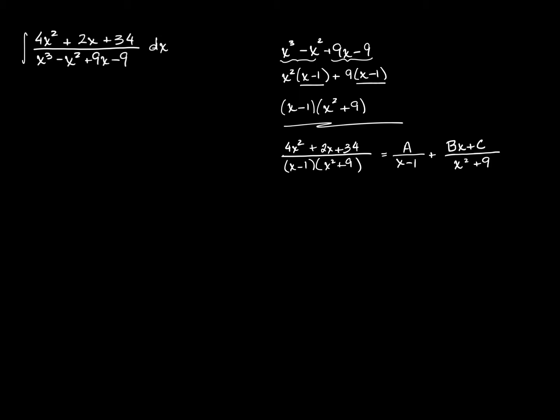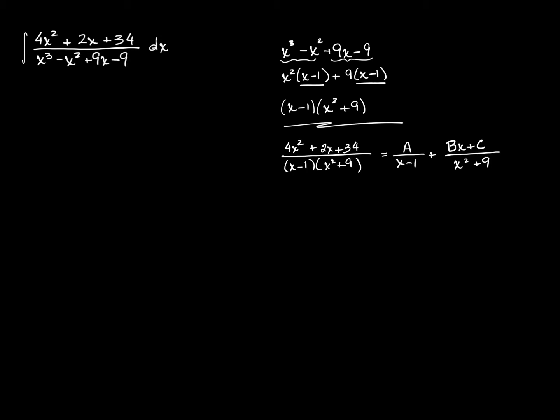Okay, so now that I've got this in this form, what I'm saying is that the left-hand side here equals the right-hand side, and I need to find another way to try to express that. One thing to note is that on the left-hand side, I still have a cubic. It's in factored form, but I have a cubic.